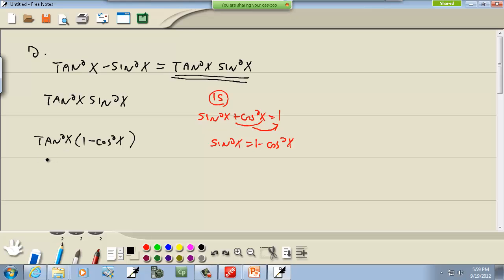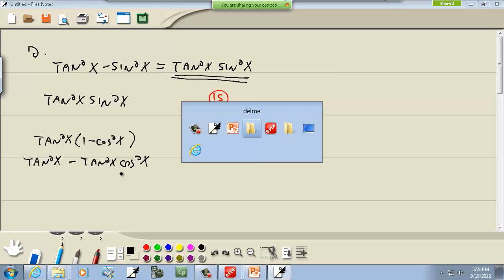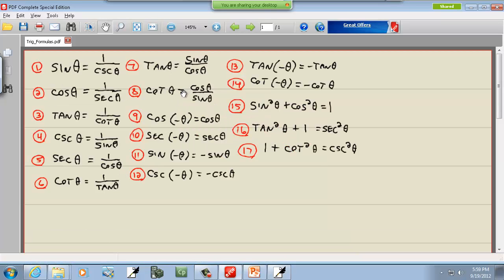And if I multiply that through, tangent squared times 1 is tangent squared. Tangent squared times negative cosine squared is negative tangent squared cosine squared. Now tangent is sine over cosine, which is number 7.